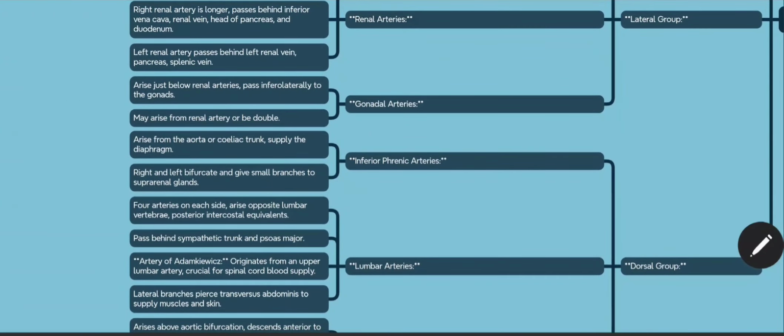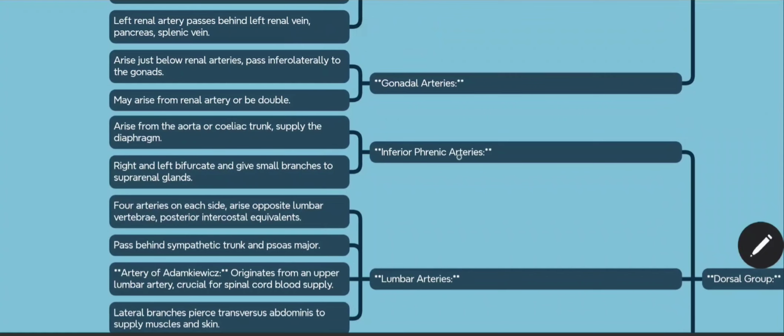The next one is the dorsal group. The inferior phrenic arteries arise from the aorta or celiac trunk and supply the diaphragm. Right and left bifurcate and give small branches to the suprarenal glands. The lumbar arteries, 4 on each side, arise opposite the lumbar vertebrae, the posterior intercostal equivalents.